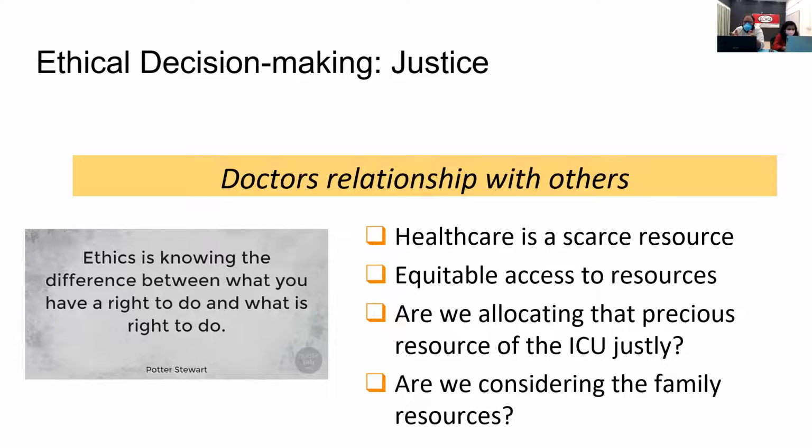At the same time, we have another person who will not benefit from this intervention. So which one will be justifiable? Of course, the correctable case will be justifiable. And are we considering the family resources? Are they able to afford ICU ventilation for the period of time he is going to be there?